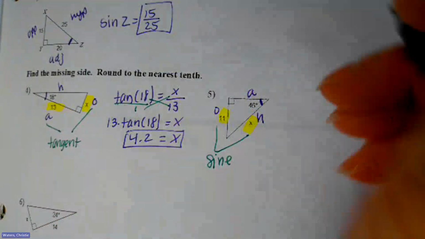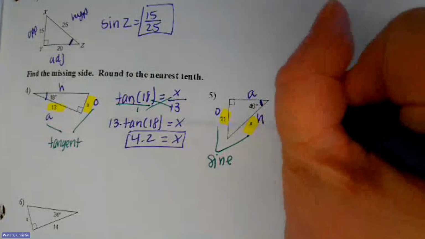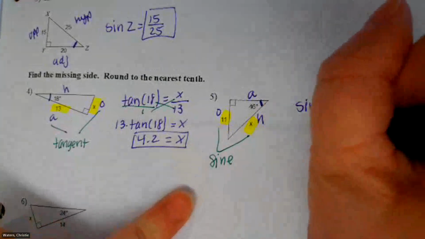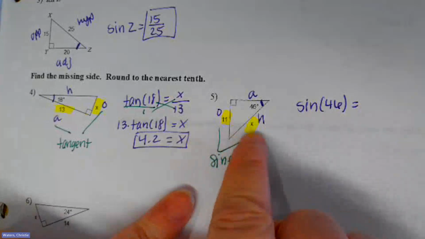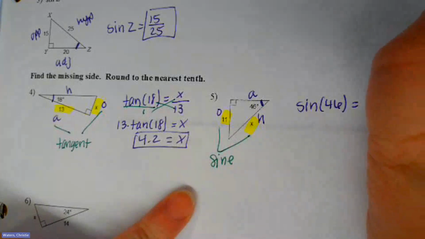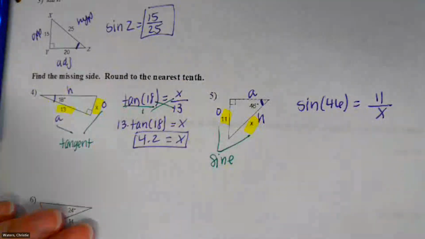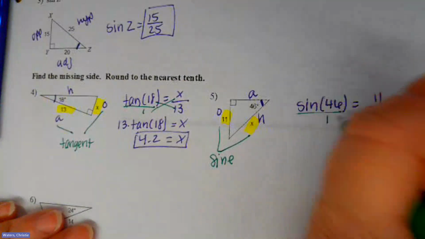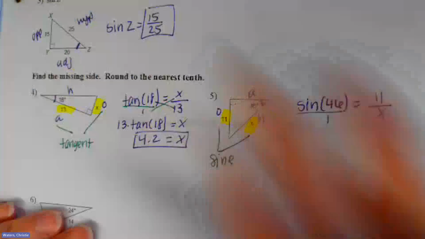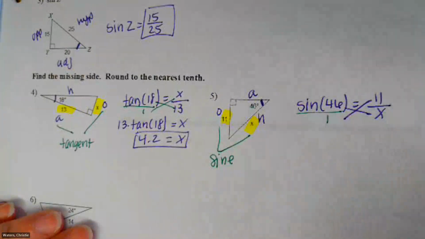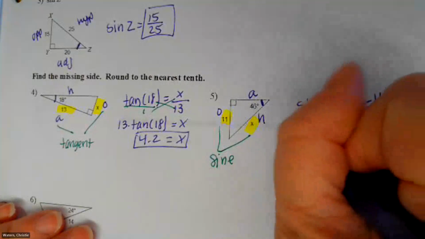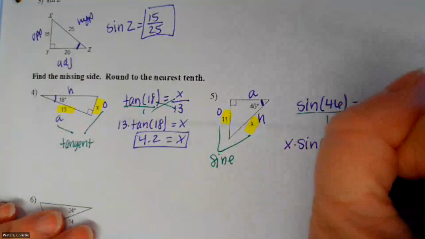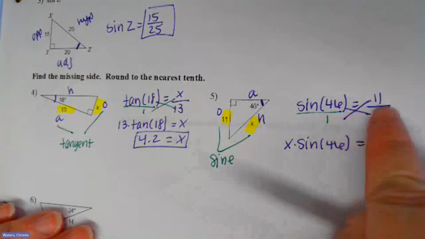So I'm going to make my problem with sine of 46 equals opposite over hypotenuse. So 11 over x. I'm going to solve this the same way we solved the first one, put it over 1 and cross multiply. So this time I have x times the sine of 46 equals 1 times 11.